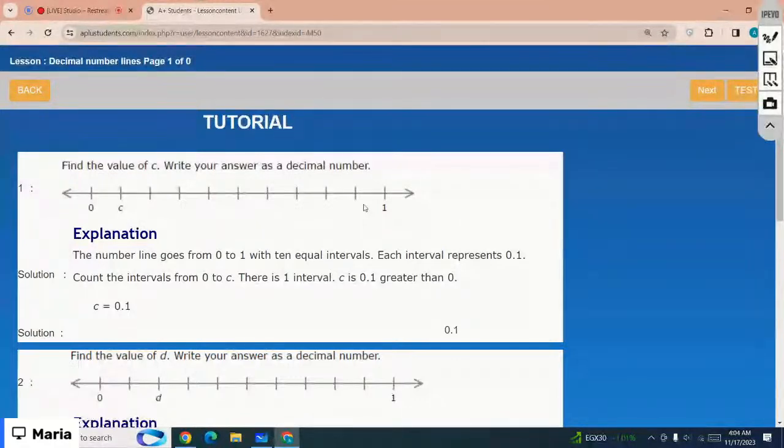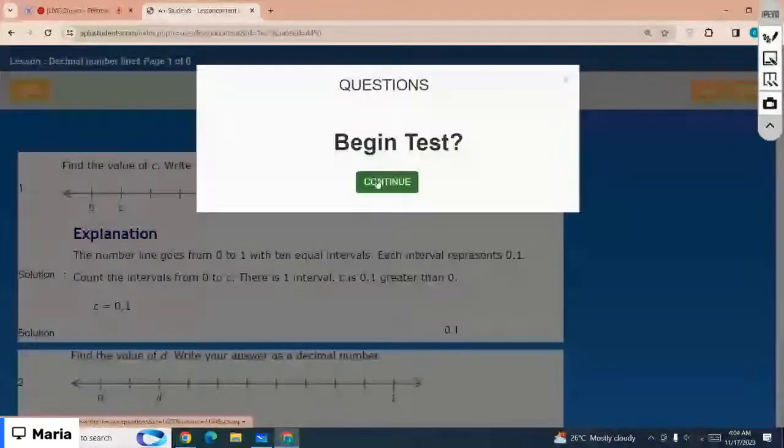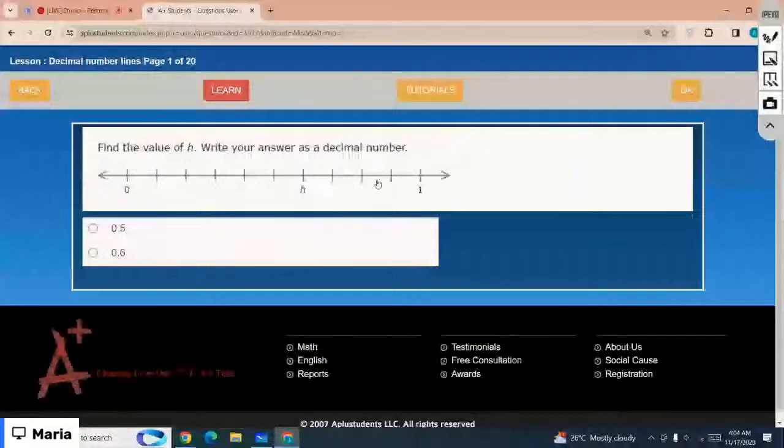Okay, let's just start with the practice questions. Find the value of h, write your answer as a decimal number. You can see the number line is between 0 and 1, right? So between 0 and 1, you have 10 equal intervals. You have to count which interval h is pointing to. 1, 2, 3, 4, 5, 6.